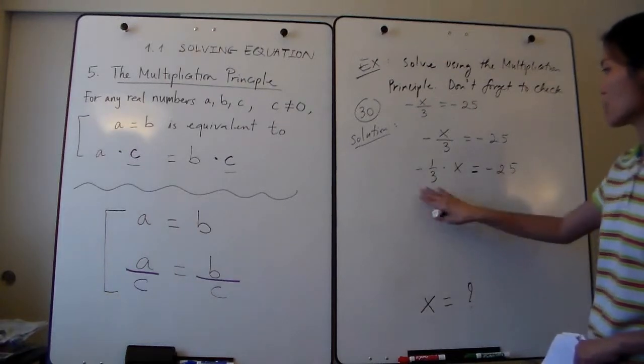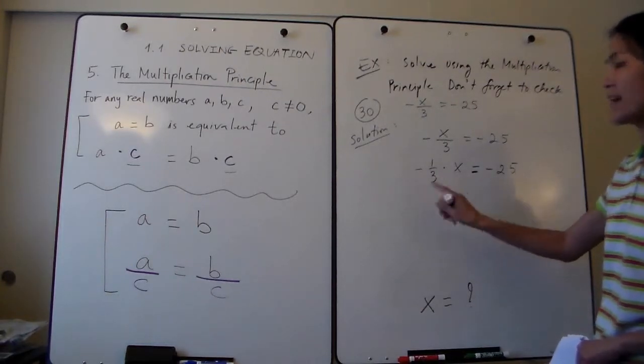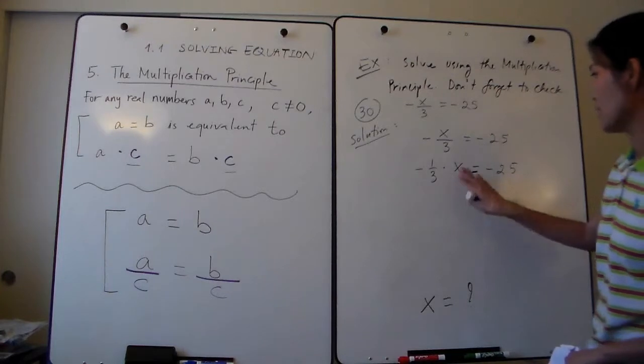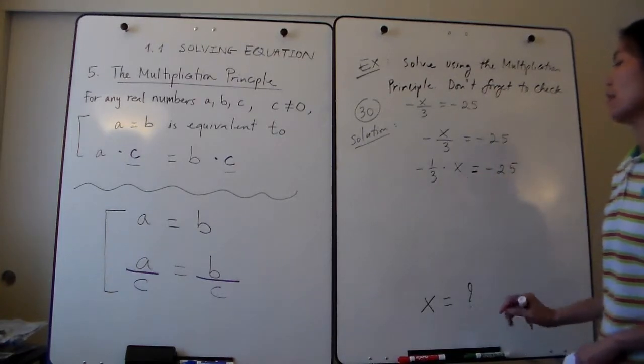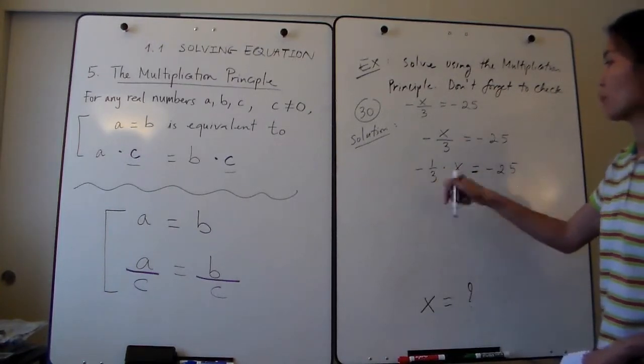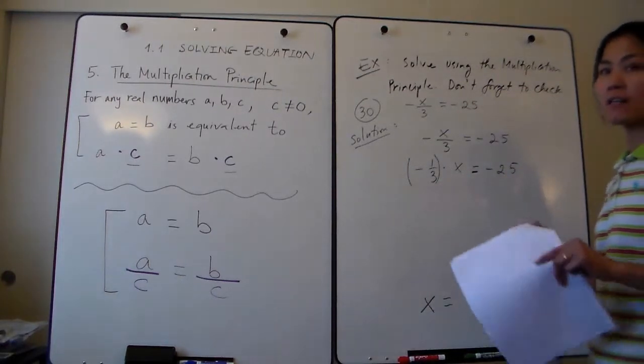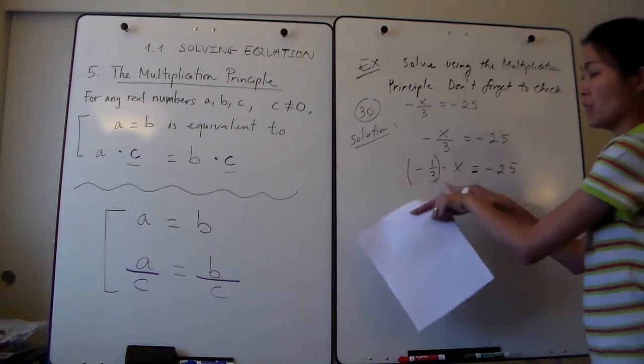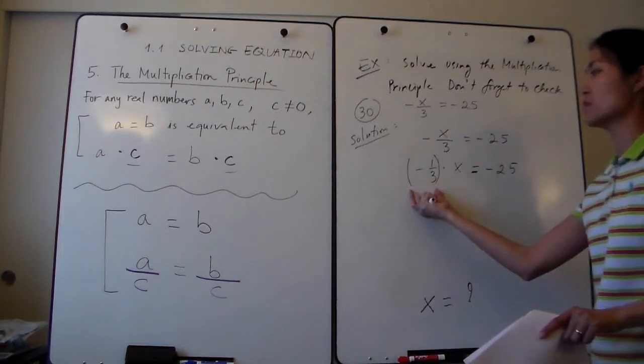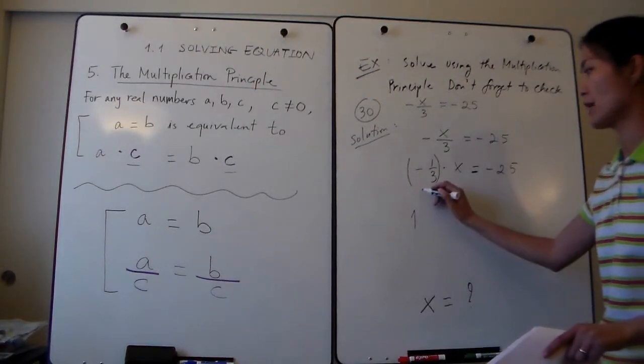Now, you know that this coefficient, negative 1/3, multiplies the x variable. And you want to eliminate this coefficient, negative 1/3. What I'm trying to say is that you want to make this coefficient become 1. That's your goal.